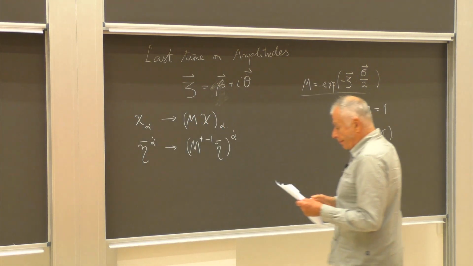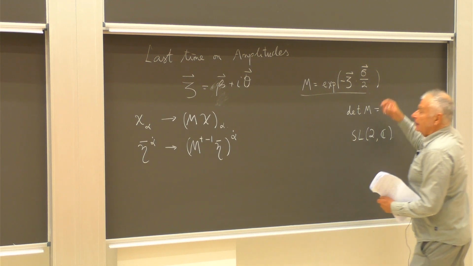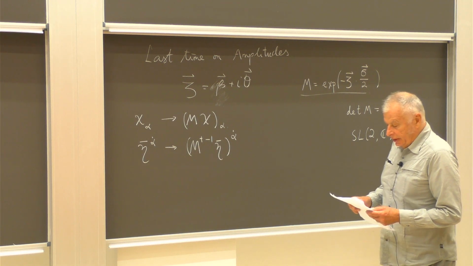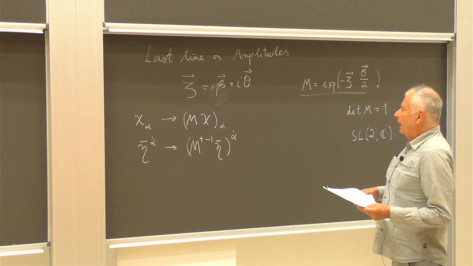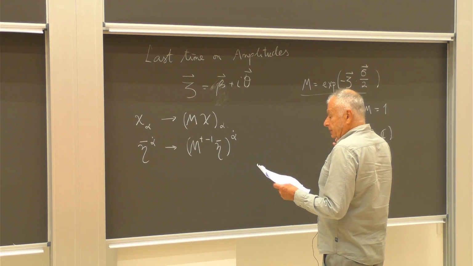Then in the next step, I constructed Lorentz invariants, and these are the angle and square products.